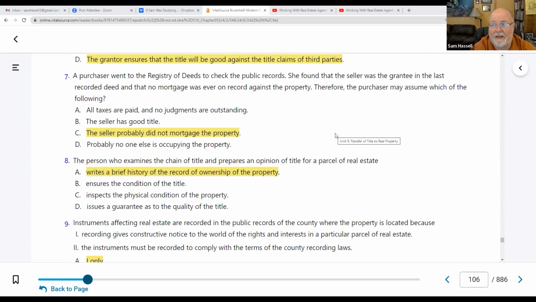There's nothing else you can assume there. You can't tell by looking at the register of deeds whether the taxes have been paid. You can't tell whether the seller has good title or not. It was recorded, right? And probably no one else is occupying the property. Doesn't matter. The only thing you can infer out of this is that they didn't have a mortgage, all right?